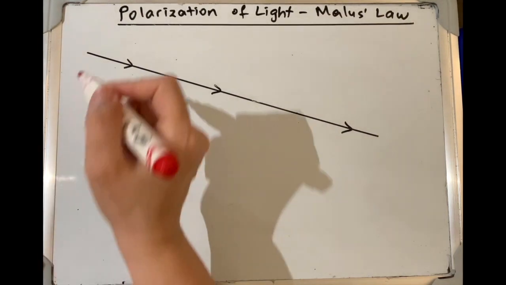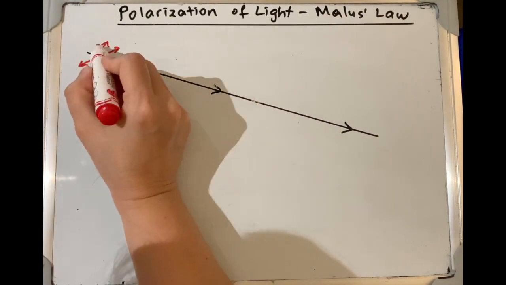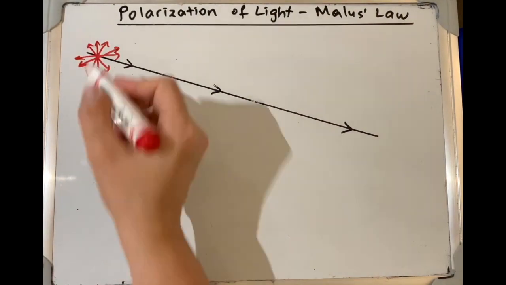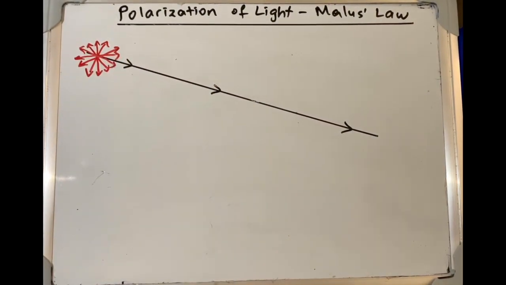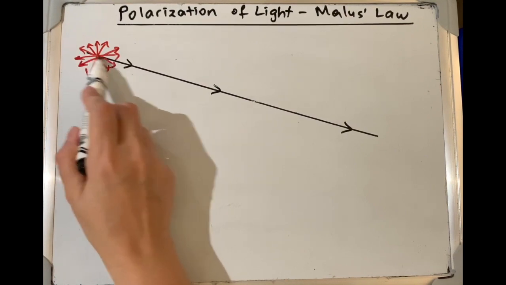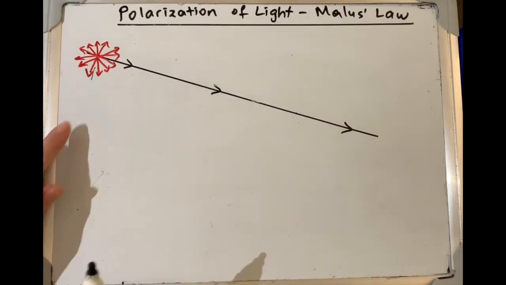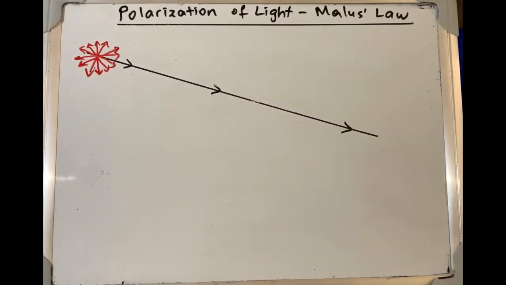In other words, we can represent it as such. All of these directions of oscillations represent the direction of oscillation of the electric field vector. This is how we model unpolarized light.